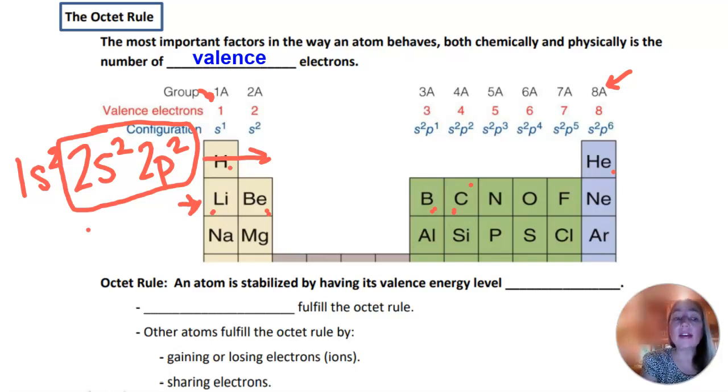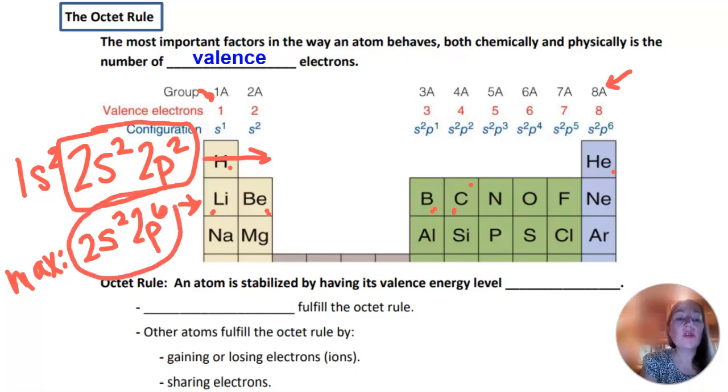Now, at principal energy level 2, we could have fit a maximum. There were a max of 2s2 and 2p6 electrons, for a total of 2 plus 6, which is our 8 electrons. That's where we get our octet rule, right?